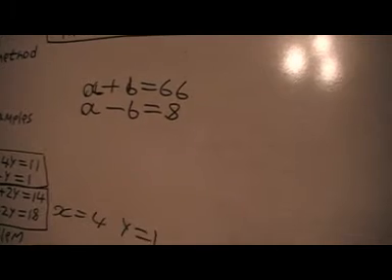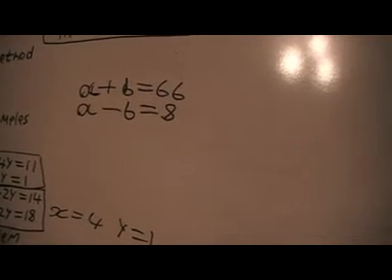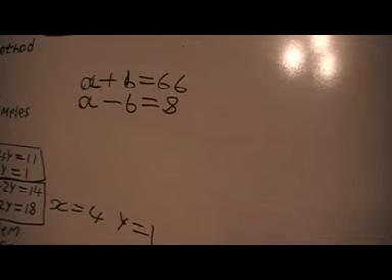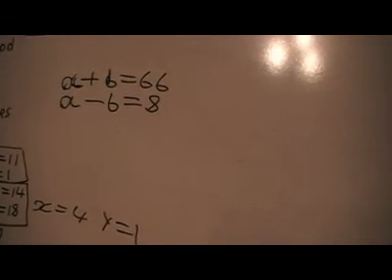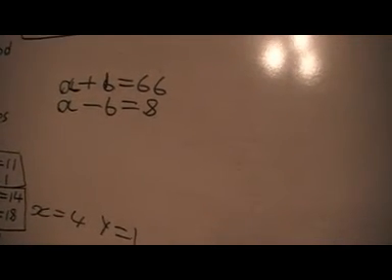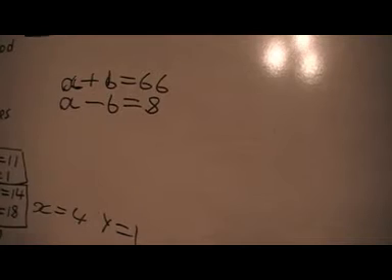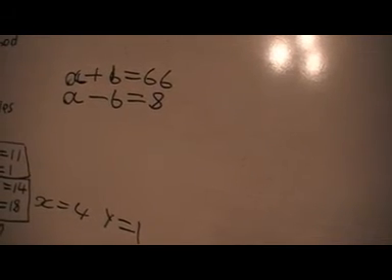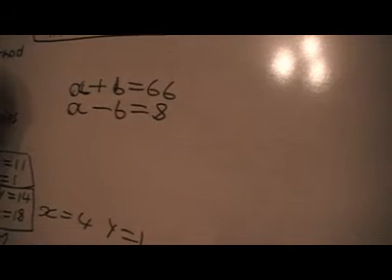And what we'll have to do is we'll have to find the A and the B. We'll have to find what two numbers sum to make 66 and have a difference of 8. So we could use this method, or we could use the method from the other one. I'm going to use this method.